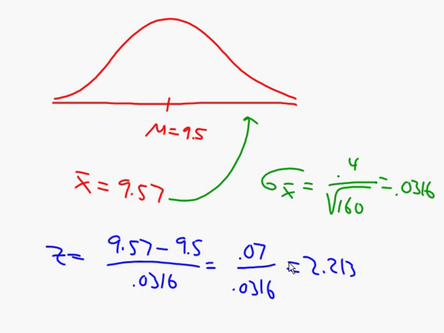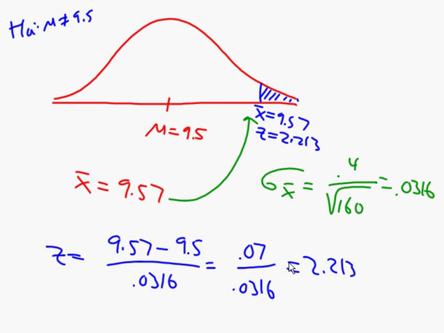So here we go. Here is x bar equals 9.57, or z equals 2.213. And I can shade in that area that is more extreme than x bar equals 9.57. Finally, here's where we get to use the fact that HA, the alternative hypothesis, is that mu does not equal 9.5.